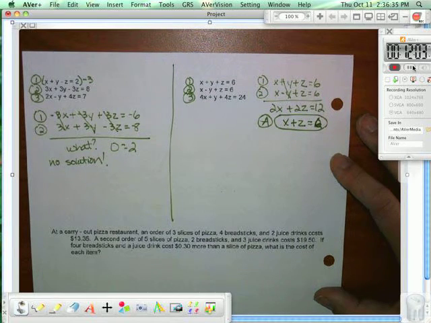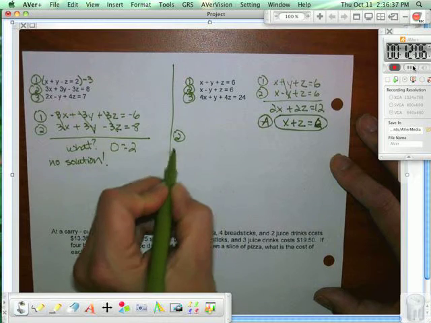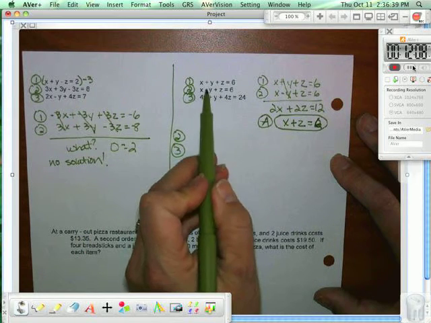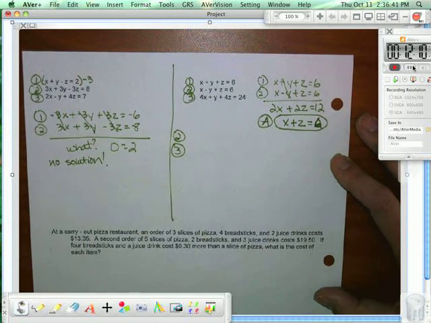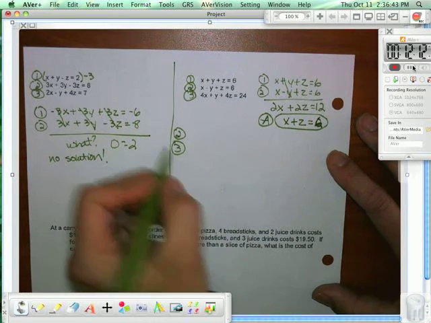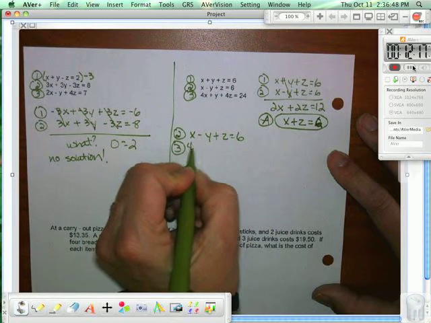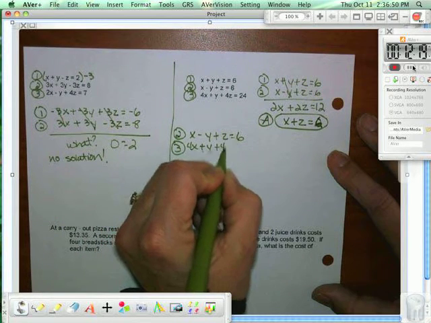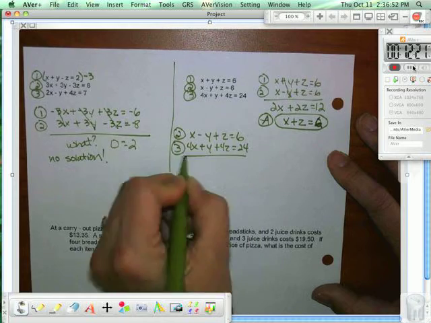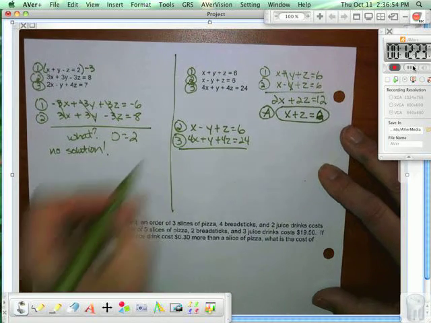Now I'm going to do 2 and 3. Let's look at 2 and 3. Do I have to multiply through by anything to eliminate y? No. So I'm just going to write them out. y disappears.